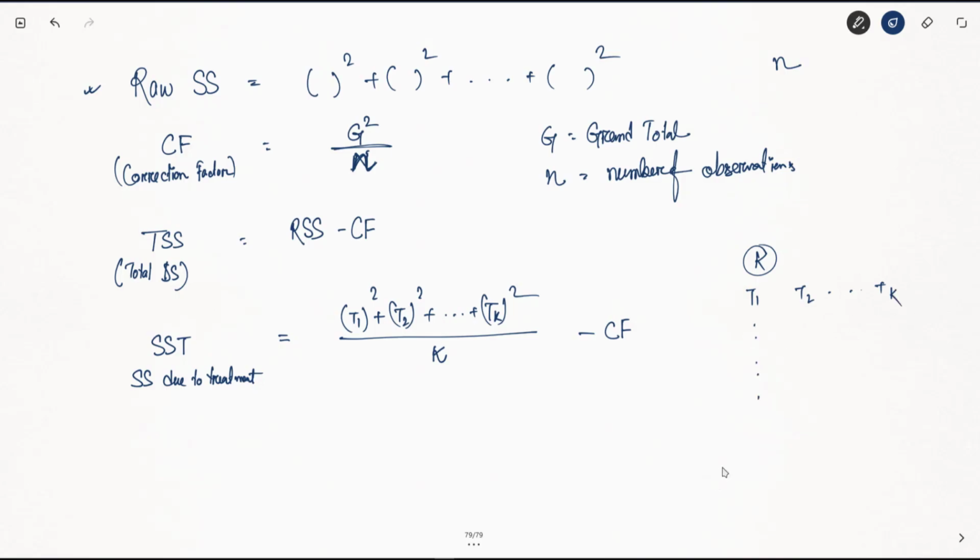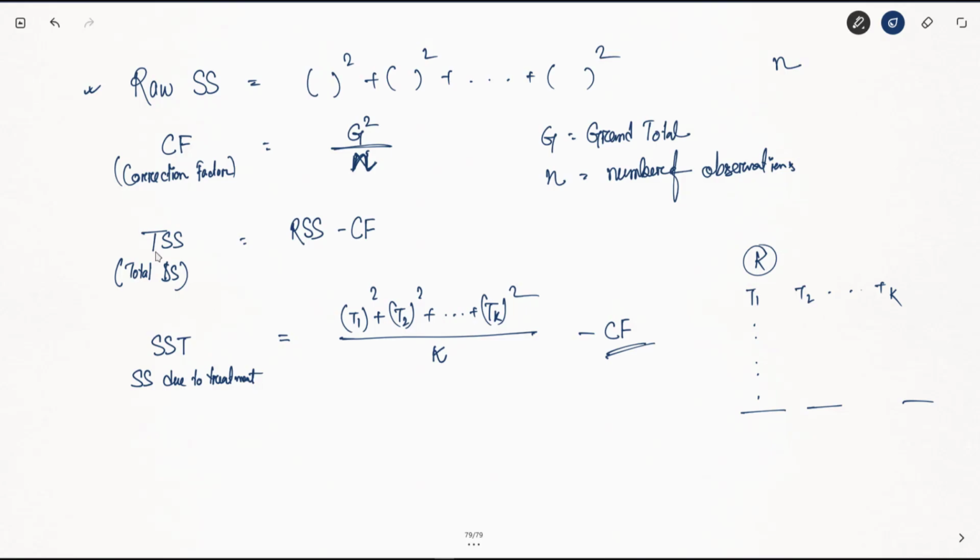You will have observations under each treatment. You add the observations or yield, and this will give you the total. Then you square the totals, so that is T1 squared, T2 squared, and finally you add all the squared totals and divide by the number of observations per treatment. In our example that is 5, so we divide by 5 and subtract the CF. This will give you the sum of squares due to treatment.